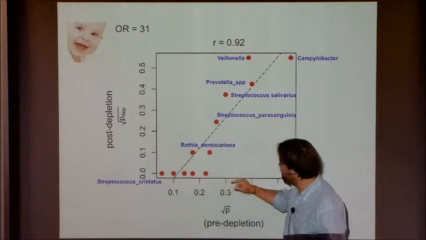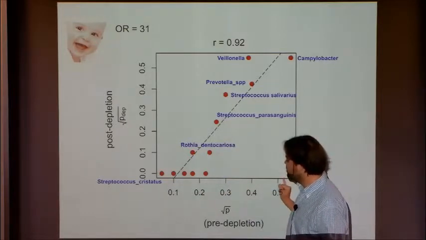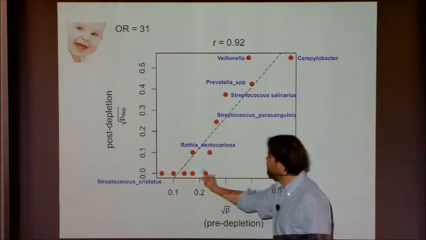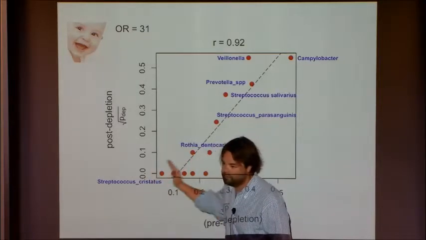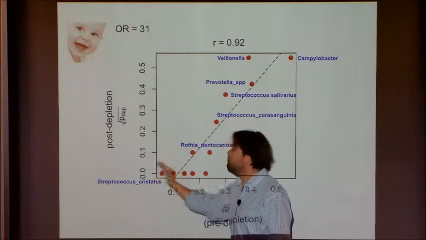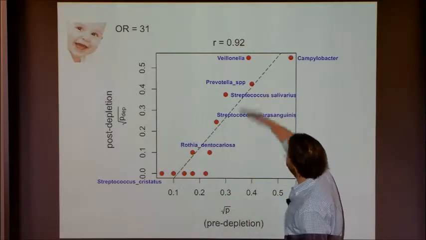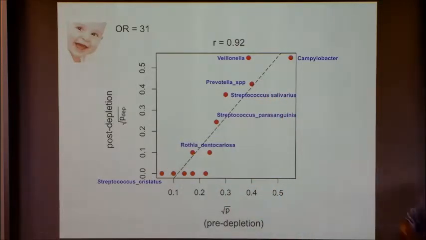These are things that we had some frequency of pre-depletion, and then post-depletion we lost. In this particular experiment, we did lose some, but there were others that did pretty well. The correlation here is about 92%, which for a first-time stab at it is not a bad correlation. We're continuing to follow this through.